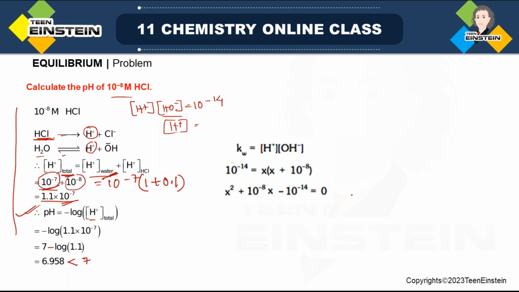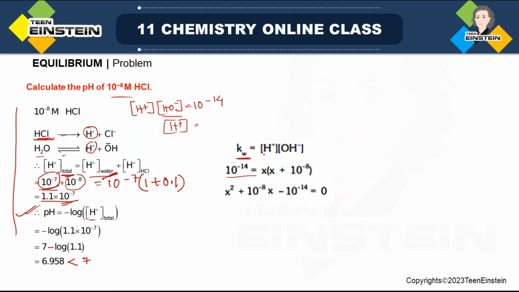So what we are doing here is, suppose the contribution of H plus coming from water is X. Now the ionic product is always the same as long as you are not changing the temperature. So the Kw value is always 10 to the minus 14.